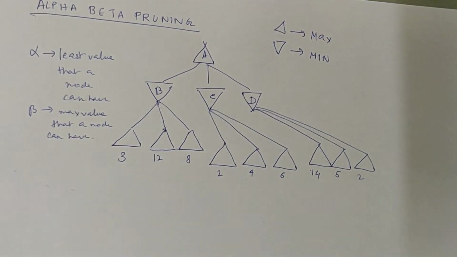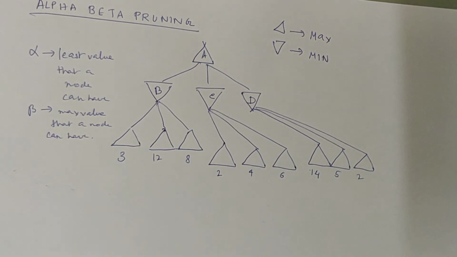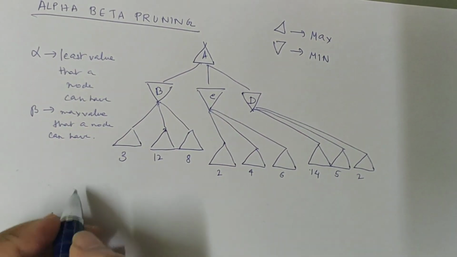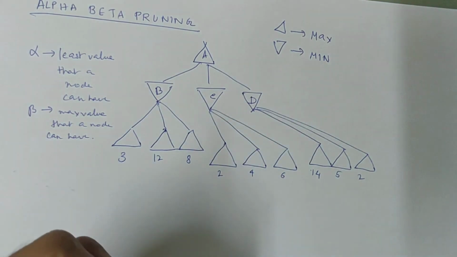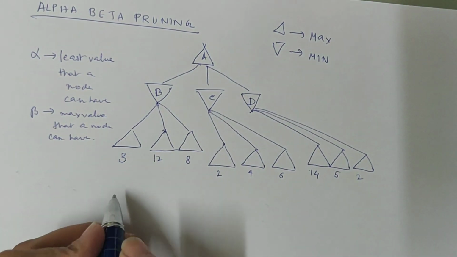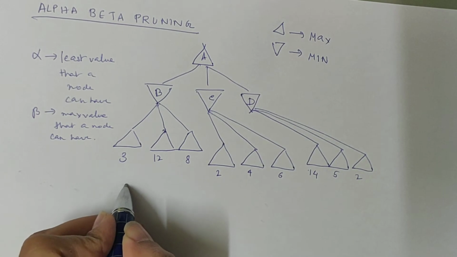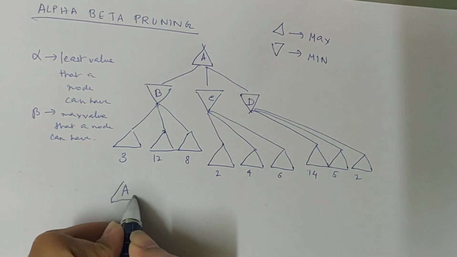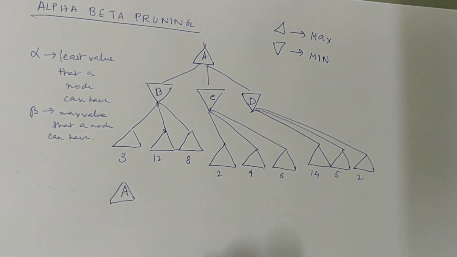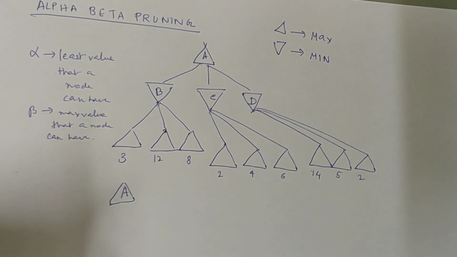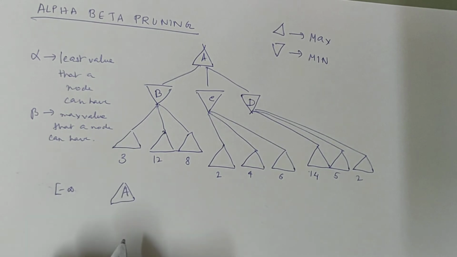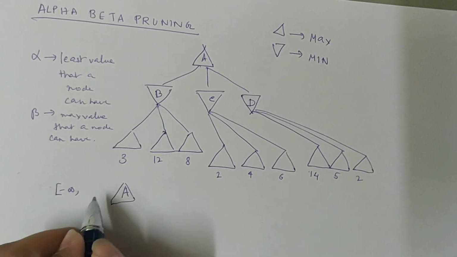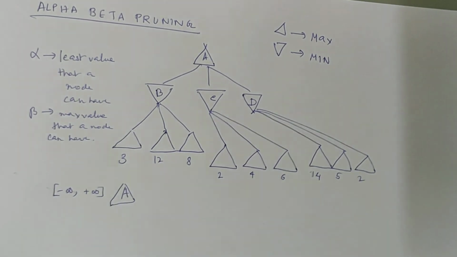We will see what they actually mean as we proceed. Follow with me so that it will be easier for you to understand. At first, we start with A. The least value that A can take, I do not know, so it is minus infinity, and the maximum value I do not know, so it is plus infinity.